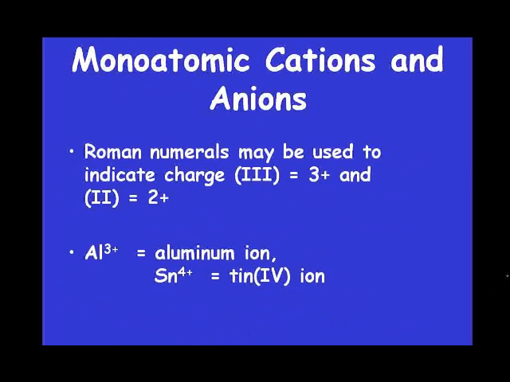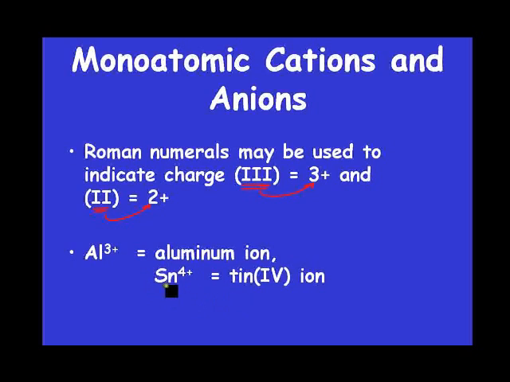Now, sometimes when we're talking about cations, we can have a cation that can form more than one ion. In this case, we're going to use Roman numerals to indicate the charge. So we'd use parentheses and the Roman numeral III to indicate a +3 ion, and Roman numeral II with a +2 ion. So if we were to talk about an aluminum ion, it would just be Al3+, but now Sn4+.